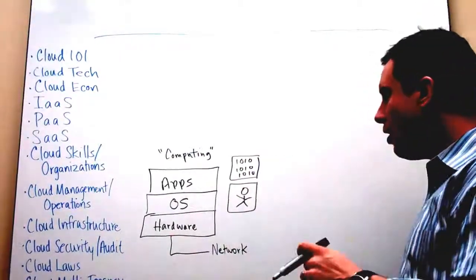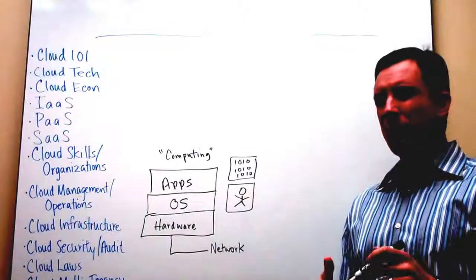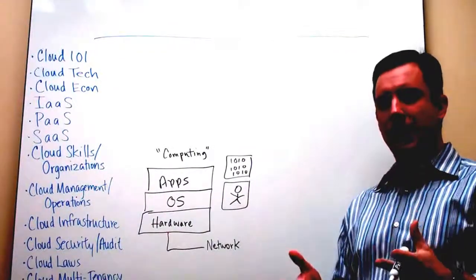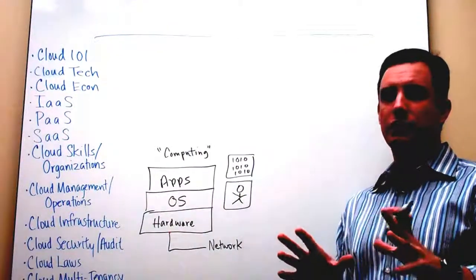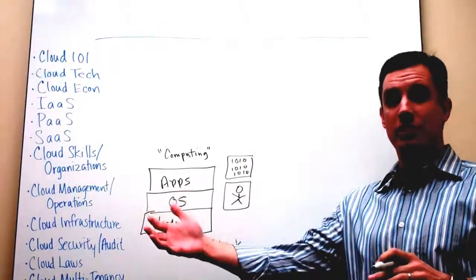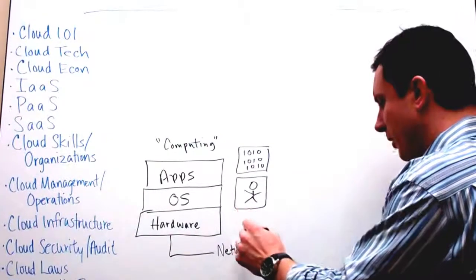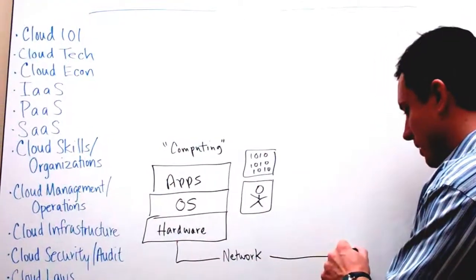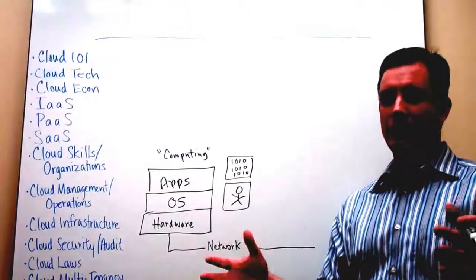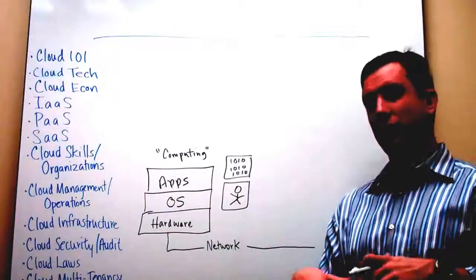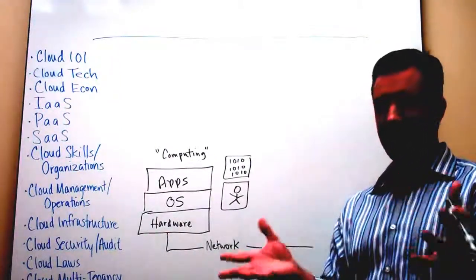So when we talk about cloud computing, we really have very similar makeups. We'll just use a little bit different terminology so that as we go further in these videos, we'll help connect the dots. So instead of hardware, we still have the network. The network is going to be the thing that interconnects all of our cloud computing resources and our cloud computing applications. So that doesn't change.